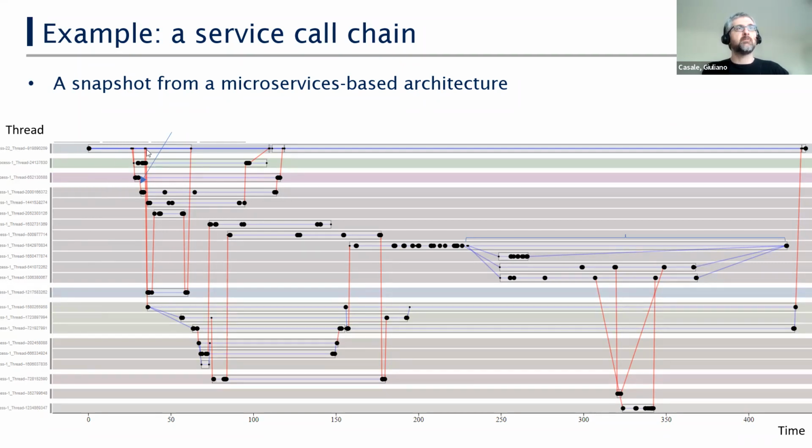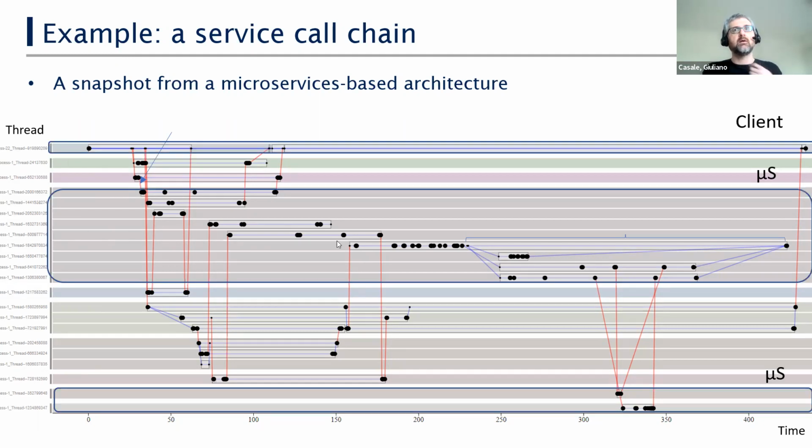And in this graph that you see highlighted here, these are the microservices, and for example, the first one is the client. The graph describes the call chain that results when there is initially a service invocation from the client to one or more microservices that then propagates as a call chain throughout this type of architecture.